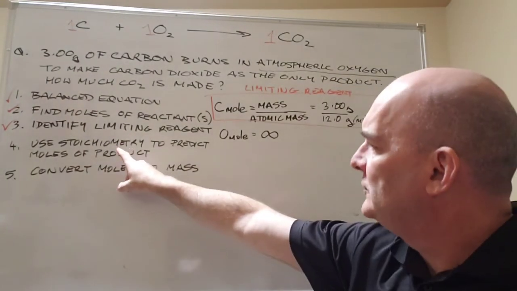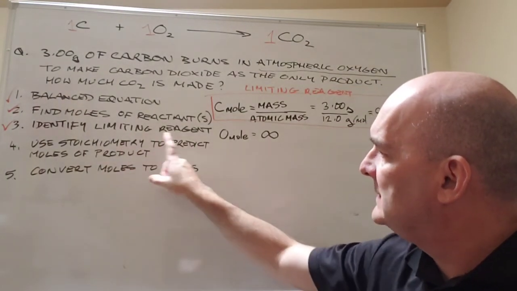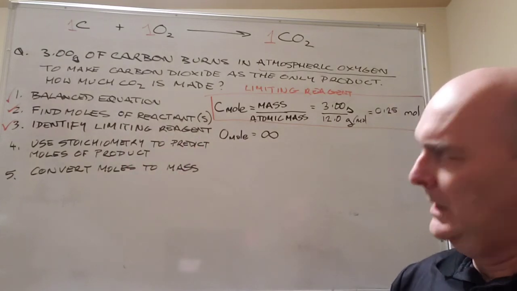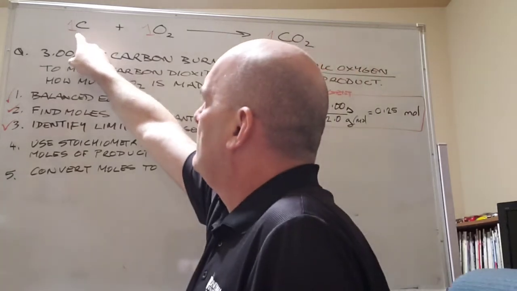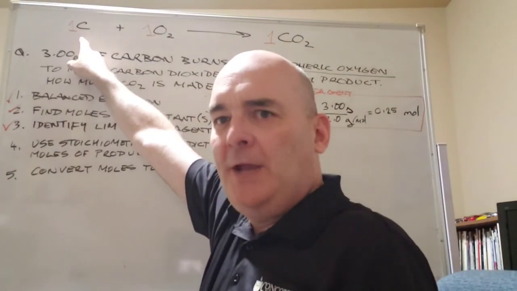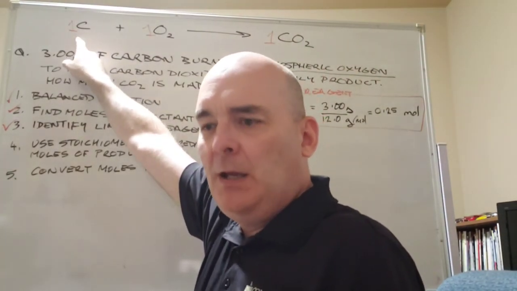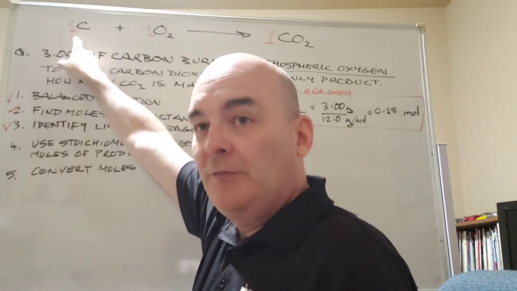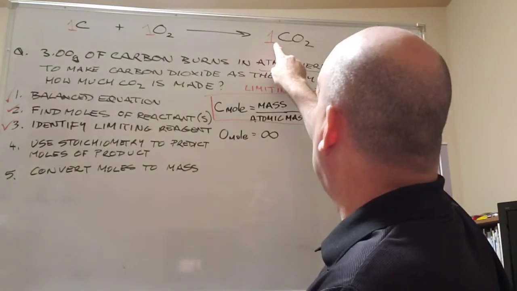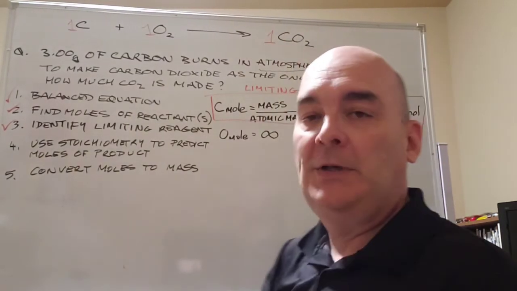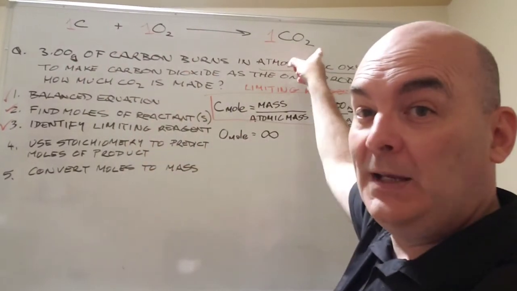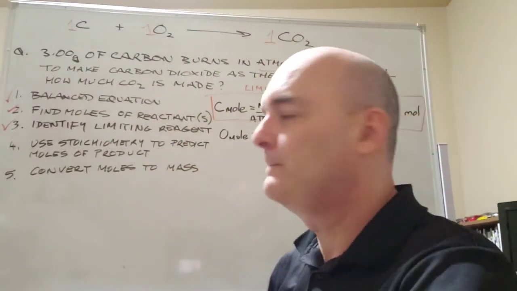Okay, use the stoichiometry to predict the moles of product. Okay, carbon is my limiting reagent. Carbon is dictating how much I could make. If I had 1 mole of carbon, I would make 1 mole of carbon dioxide. If I had 10 moles of carbon, I would make 10 moles of carbon dioxide.